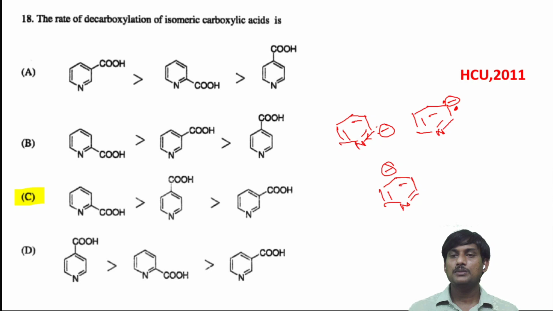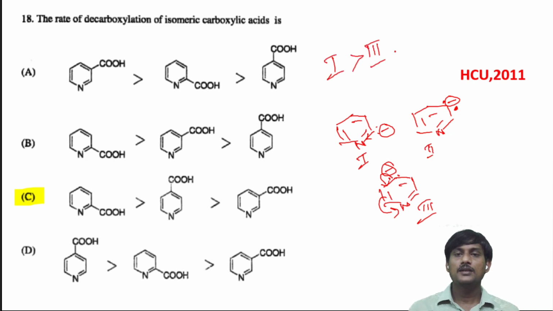Here there is an inductive effect, minus I effect, but no resonance effect. Here there is a resonance effect, a delocalization of these electrons. So this one is more stable. If you take 2, 3, what is the stability order? 1 is more stable, next is 3, and least stable is 2.